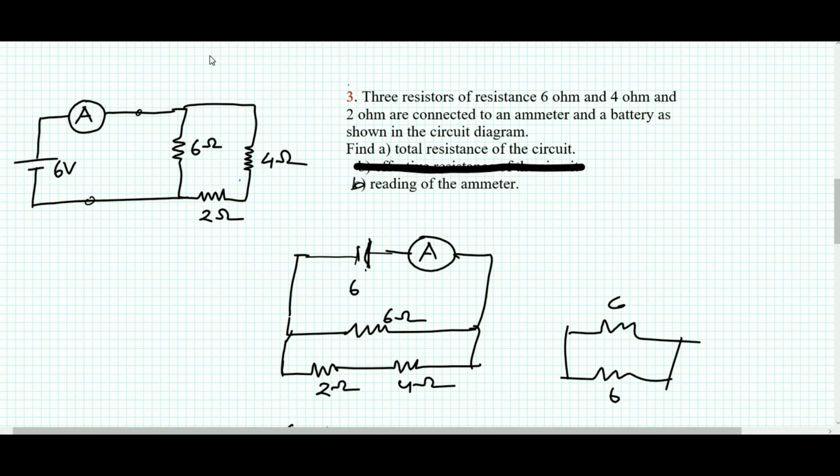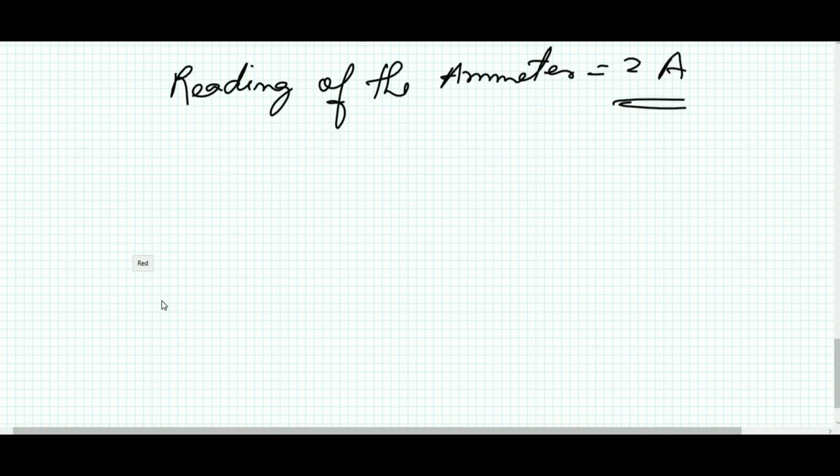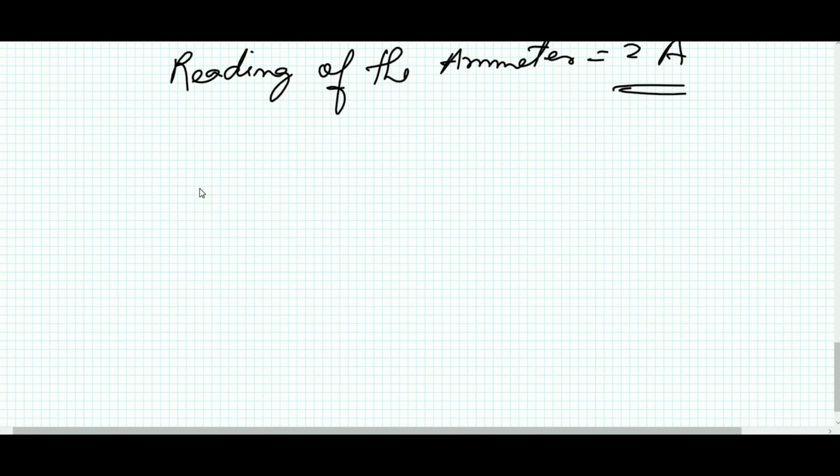And here one thing I want to make clear to you: if the diagram of a battery is given like this, that means you should always understand that there is no internal resistance of the battery, right? If a battery has internal resistance, the drawing will be like this.